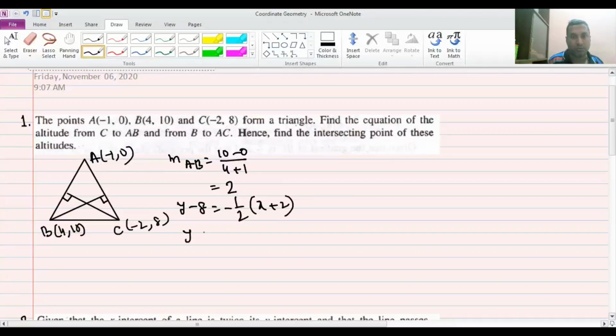So your equation will now be y - 8 = -1/2 x - 1, and so y = -1/2 x + 7. This is equation number 1.